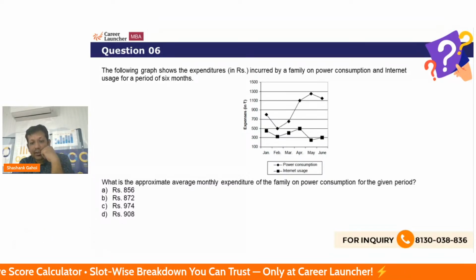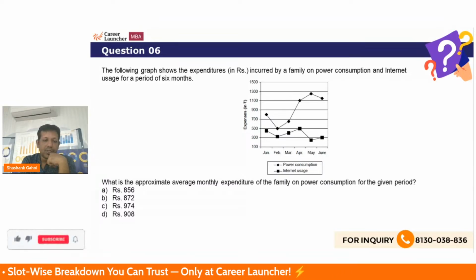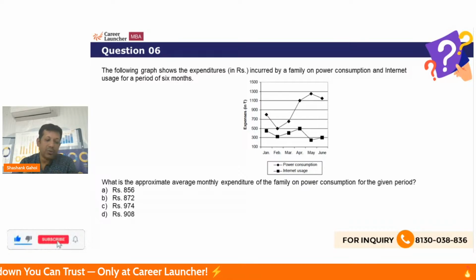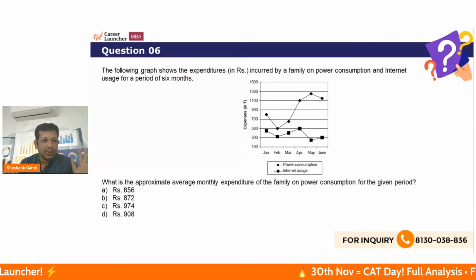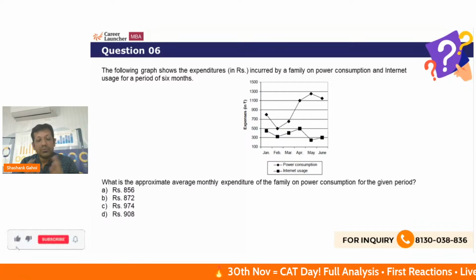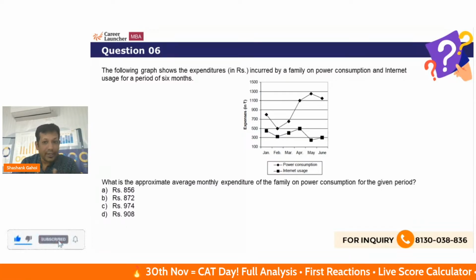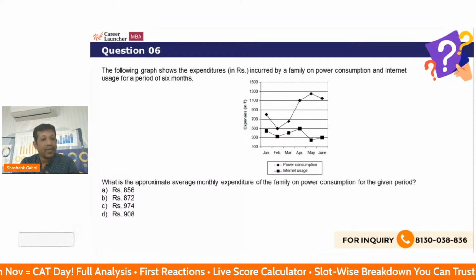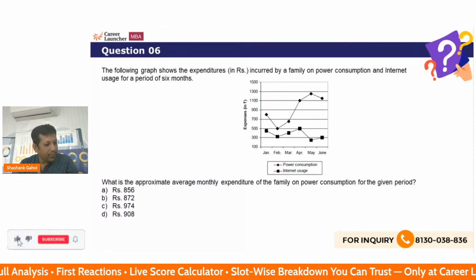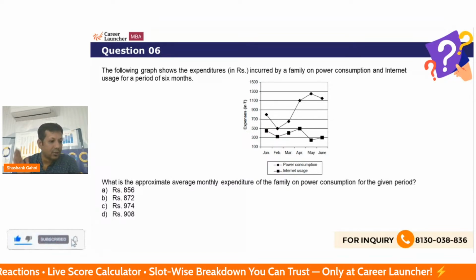There are two line graphs given to us. In these kinds of questions, the general issue is that no values are given, just dots, and you need to do some guesswork. That's why options are created in such a way that even if you approximate a little bit, you don't get the answer wrong.